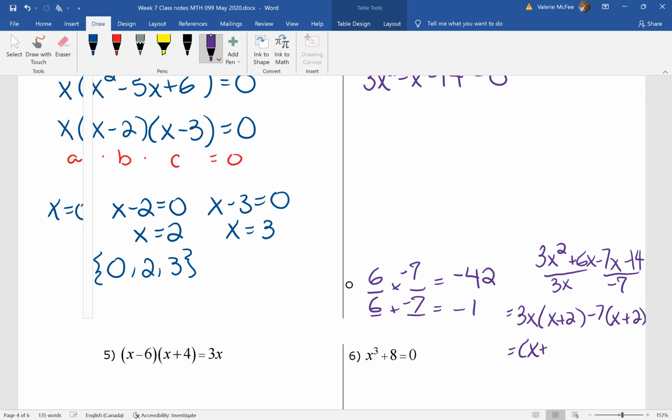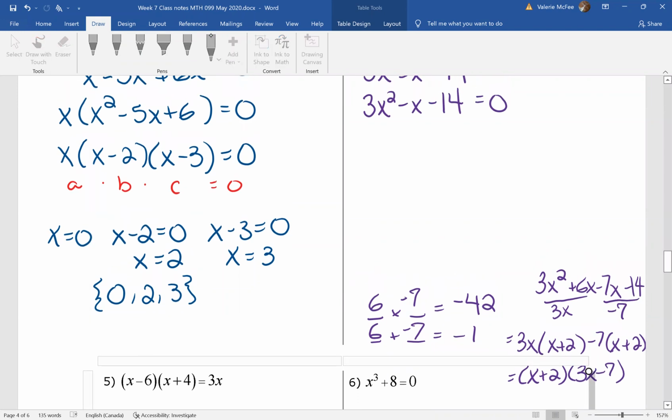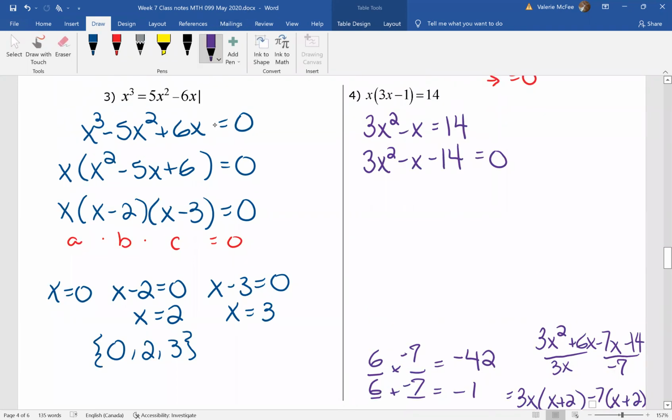So x plus 2 is common, leaving 3x minus 7. So we have x plus 2 times 3x minus 7 equals 0. Again, reminding you that all of that factoring work is rough work. I don't want to see it right now.